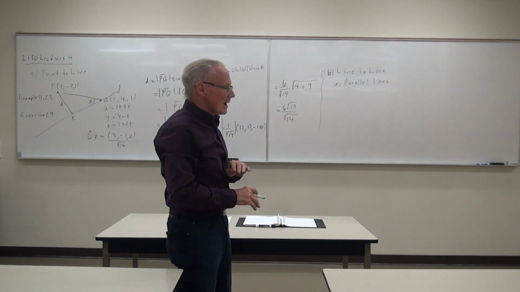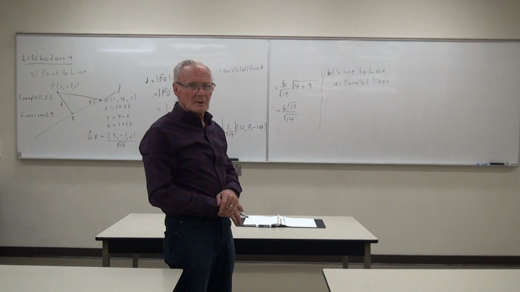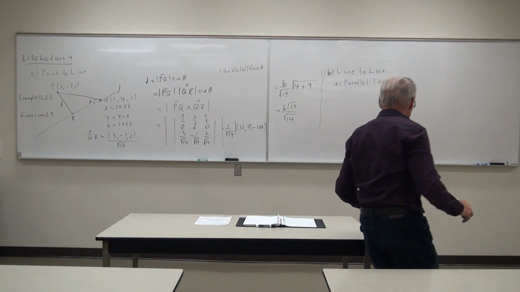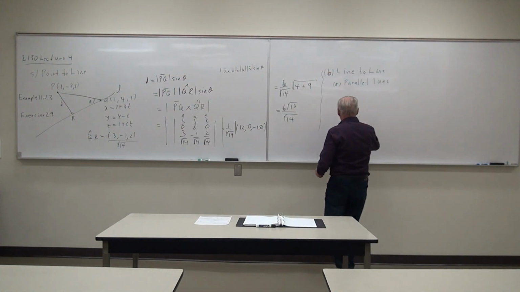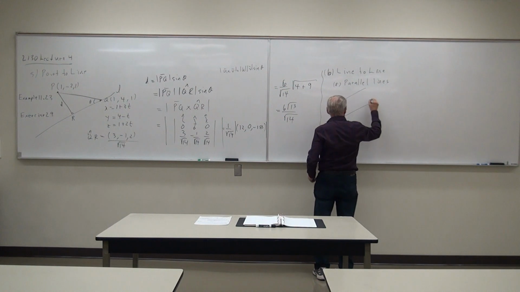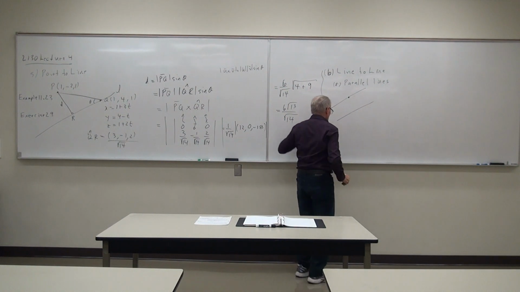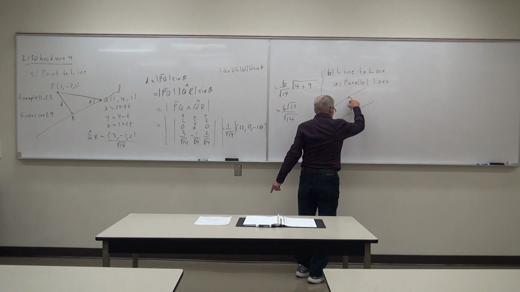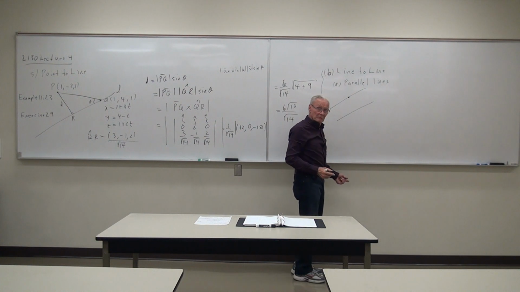If we're going parallel lines, 2 lines are parallel, and you want the distance between them, why couldn't we just pick a point and do that? Then the distance from this point to that line. Right?